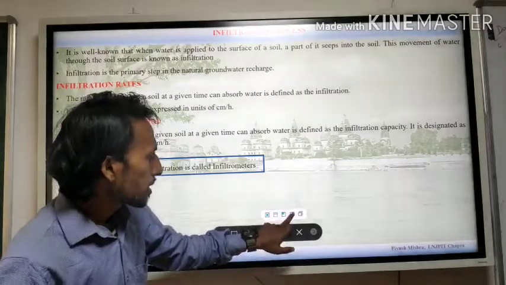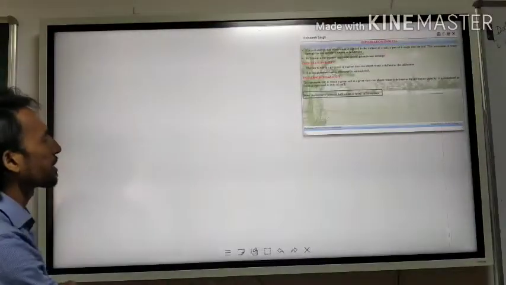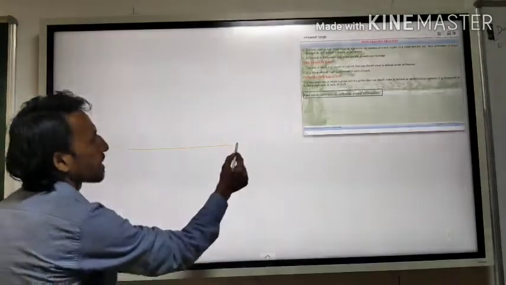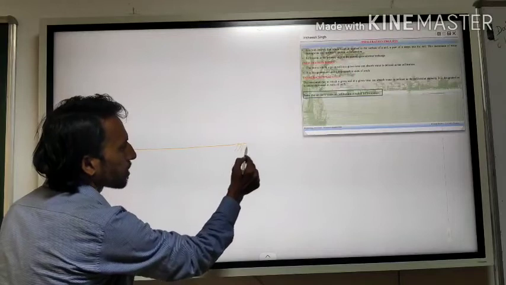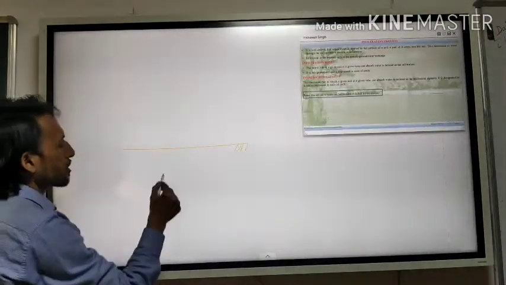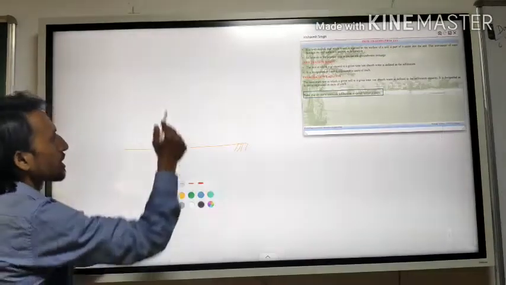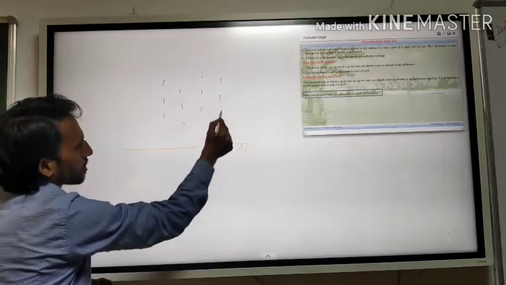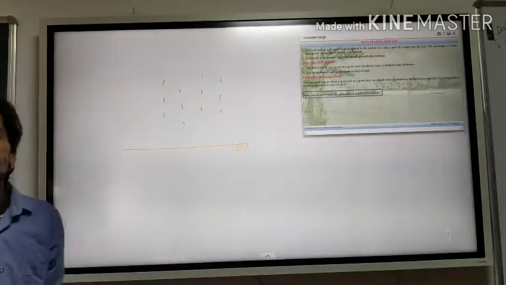Let's see it like this: if there is some ground surface, and there is some precipitation, some water comes to the surface, then what will happen?